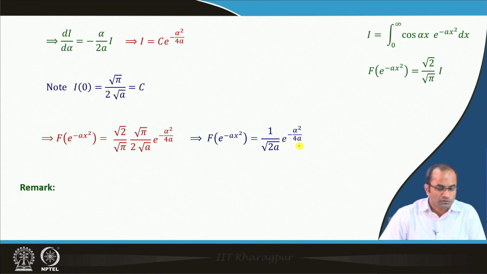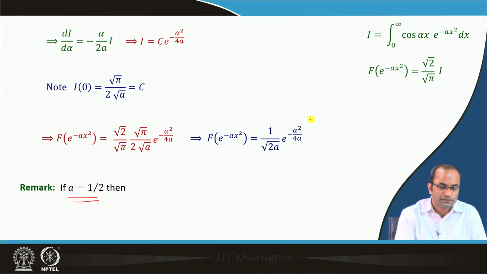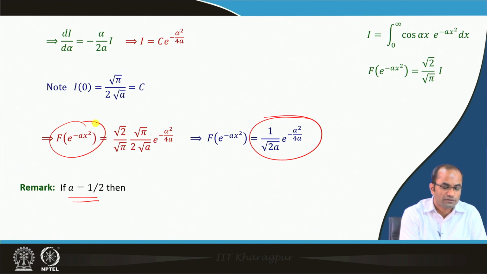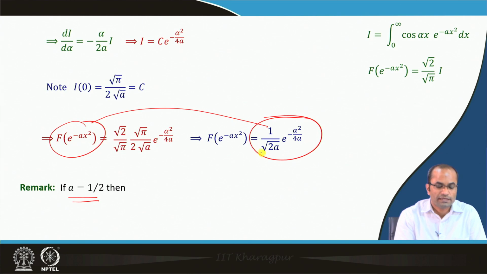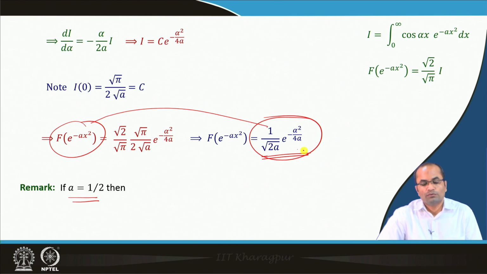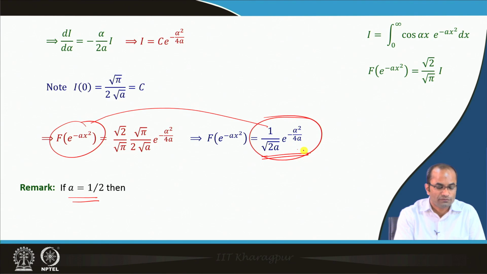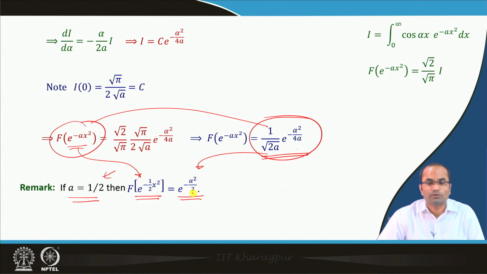Well, just a short remark here, if we set this a equal to half. In this Fourier transform, the Fourier transform of e power minus a x square is 1 over square root 2a e power minus alpha square over 4a. So, if we set here a equal to half, then the Fourier transform of e power minus half x square, with a set to half there too, is e power minus alpha square by 2.